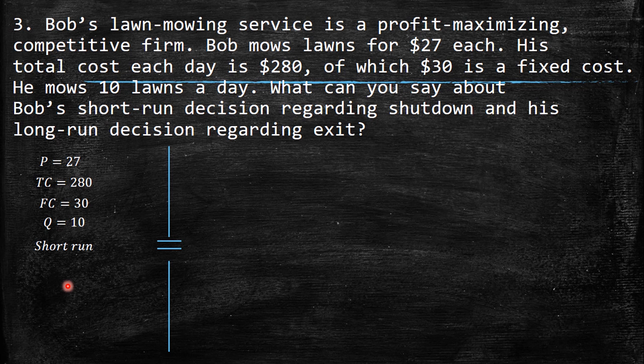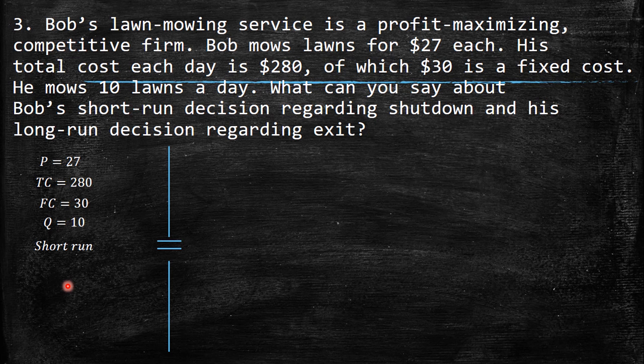And regarding the decision, if you stay or leave the market in the short and long run, it is the next. You're going to stay in the short run if and only if you cover at least completely your fixed cost. Okay? And it could be great if you can cover all the variable costs or at least part of it. So you're going to stay in the market.